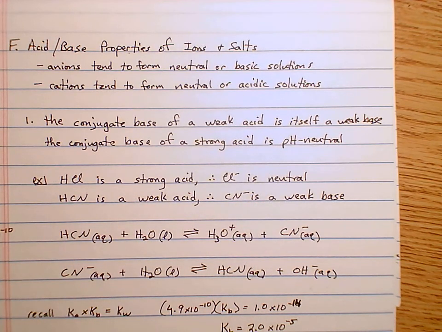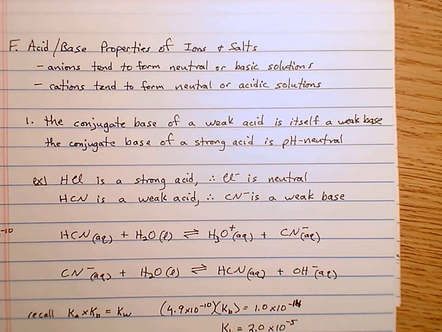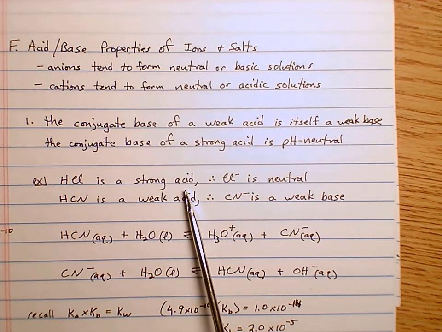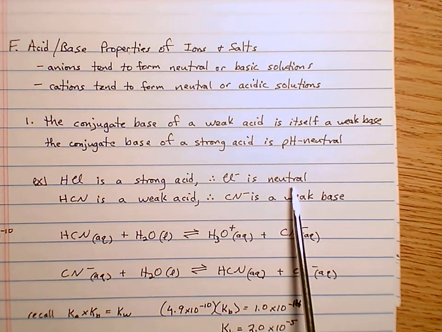But what if you had sodium chloride, NaCl? Well, that chloride ion would still be neutral because if this chloride ion were involved in an acid, it would have been HCl, and that's a strong acid. So chloride ion is always neutral in solution, because it is the conjugate base of the strong acid HCl.